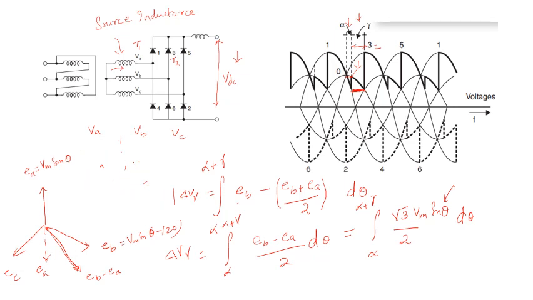If you integrate, what will you get? Del V gamma is equal to root 3 times sin omega t, put the value cos omega t, so you'll get root 3 by 2 Vm cos of alpha minus cos of alpha plus gamma.